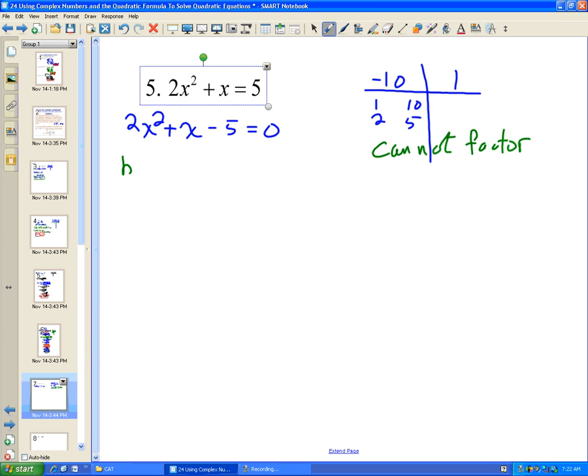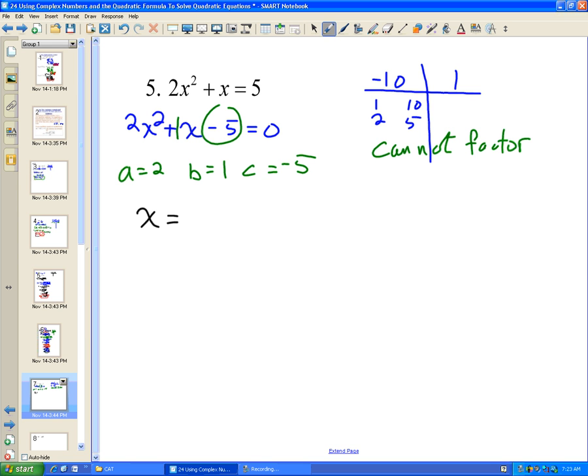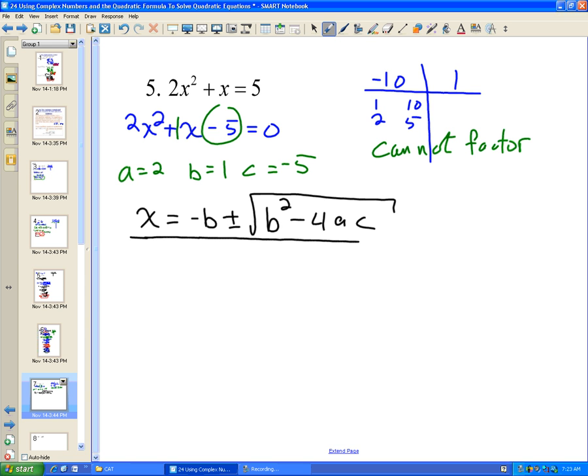I can see that A is 2, B in front of the x is 1, and C is negative 5. So I write down my quadratic formula. x equals negative b plus or minus the square root of b squared minus 4ac all over 2a.